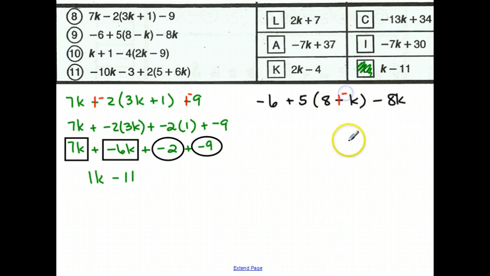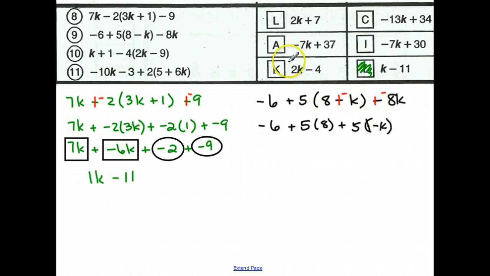So I'm going to write this as plus of negative k, and same thing at the end. The number being distributed here is that 5. Negative 6 is just along for the ride. 5 times 8 plus 5 times a negative k.